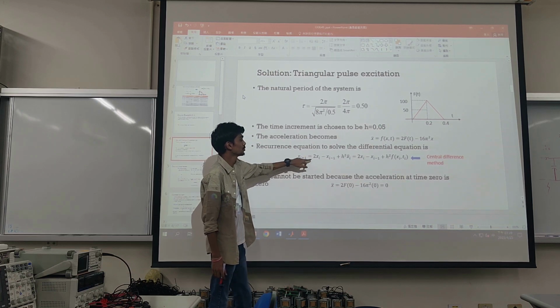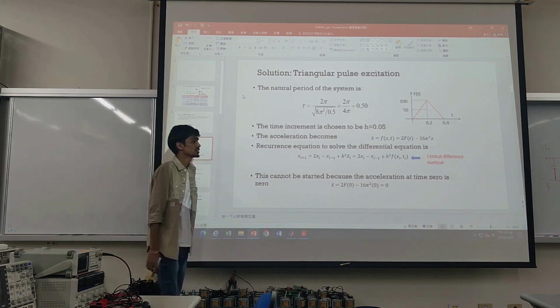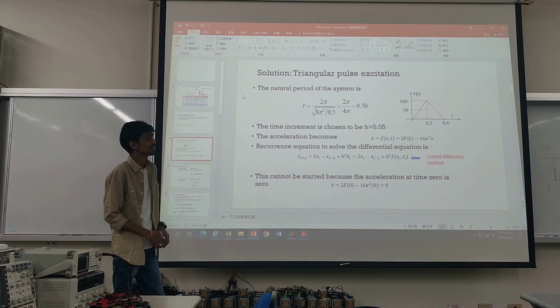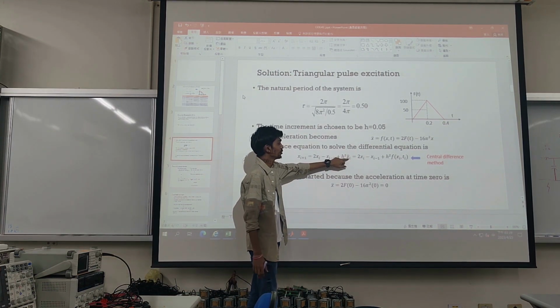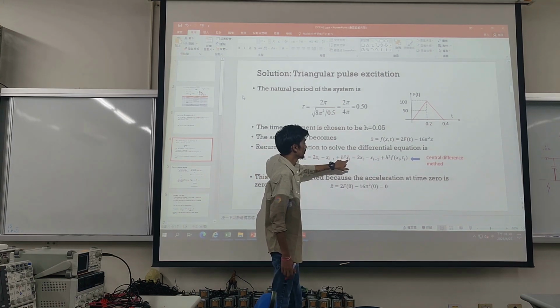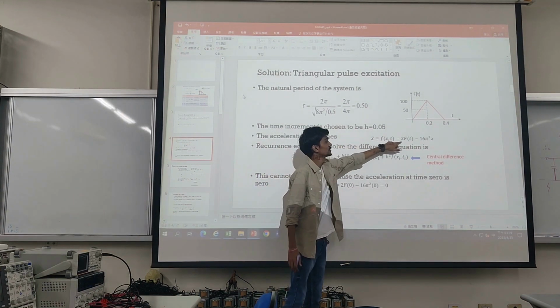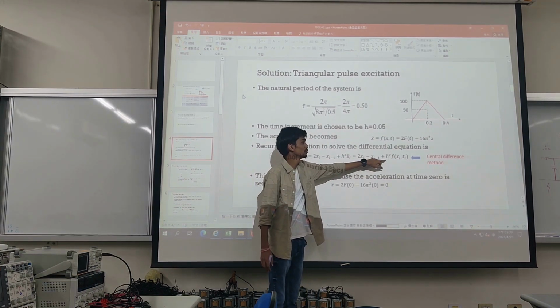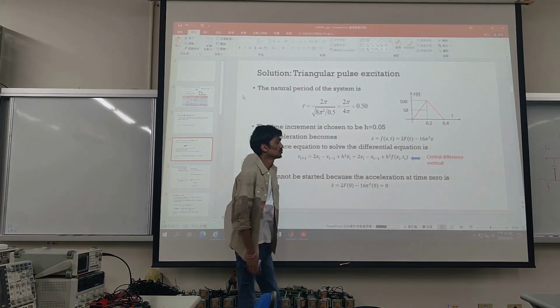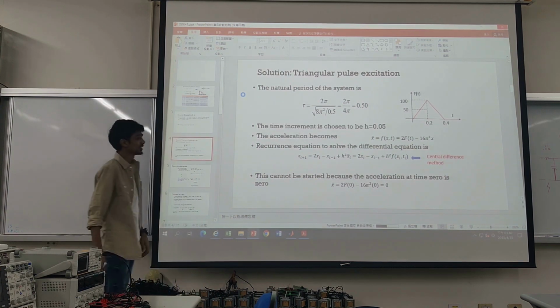xi plus 1 is equal to 2xi minus xi minus 1 plus h square xi double dot. So here at the ith iteration we know xi double dot, that is acceleration, from our ordinary differential equation. We put it here and solve by using the central difference method.